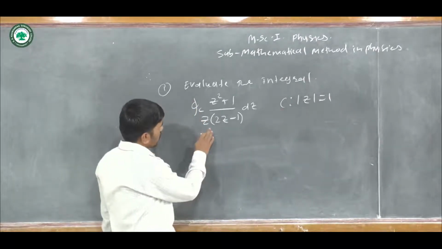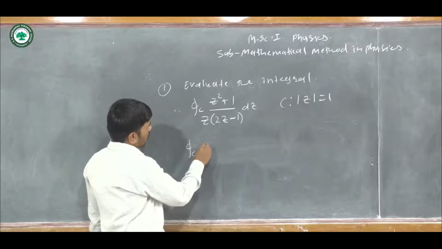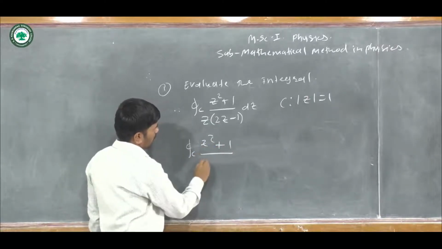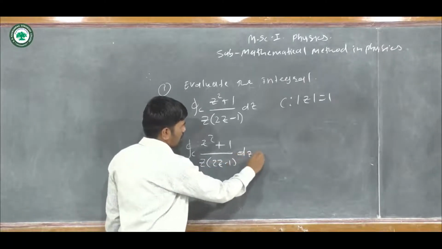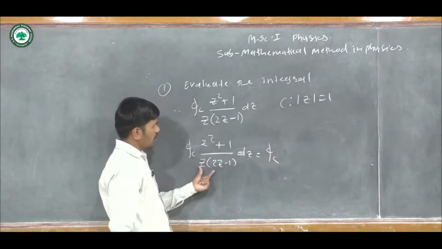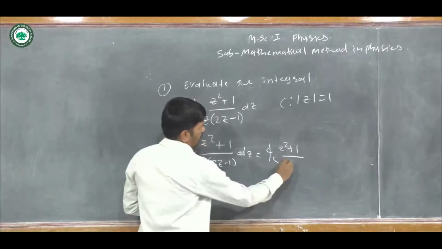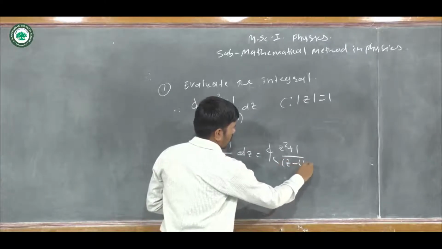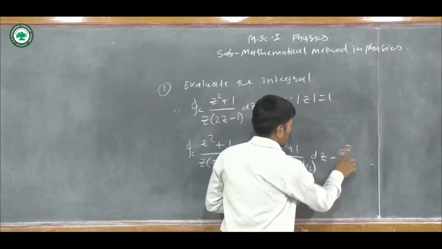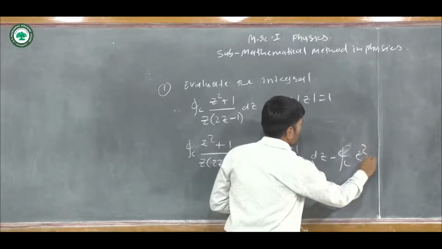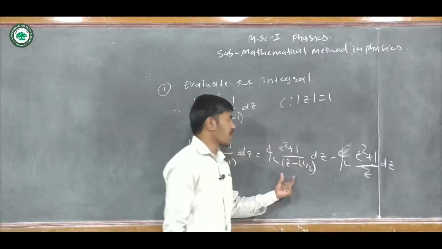So first I am going to rewrite the denominator. For simplicity I write z square plus 1 divided by z into 2z minus 1 dz in this way: z square plus 1 divided by z minus half dz minus the closed integral of z square plus 1 divided by z. For simplicity I write the expression like this.